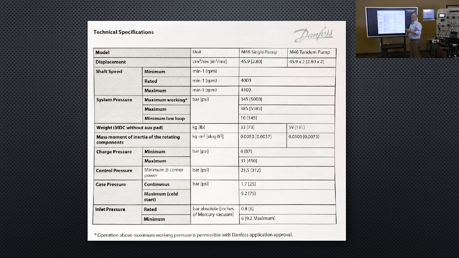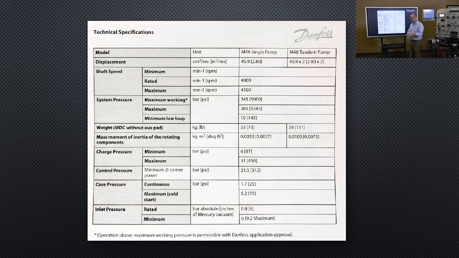Again, over the years, I've called a number of manufacturers and asked specifically, what is the inlet restriction on a given pump in a given application? And more often than not, the engineers will say to me, well, the information you're looking for is in the service manual. Well, actually, it's not.